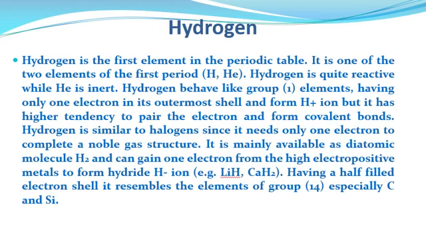Hydrogen is sometimes similar to halogens because it can accept an electron to become a negatively charged ion, H-.